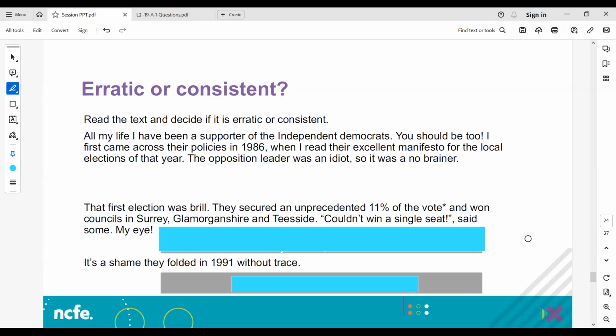That first election was brilliant. They secured an unprecedented 11% of the vote and won councils in Surrey, Glamorganshire and Teesside. Couldn't win a single seat, said some. My eye, it's a shame they folded in 1991 without a trace.